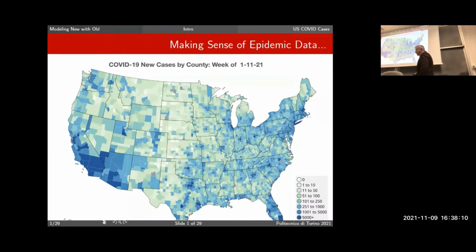So we have a number of states, like over here in California, where at this time the number of COVID cases was very high, and then you had the middle of the country where it was very little. So the point of this is to give you a sense that COVID, at least in this particular setting, does not seem to be very uniform. It follows the people, but it also prefers some different geographical areas from each other.